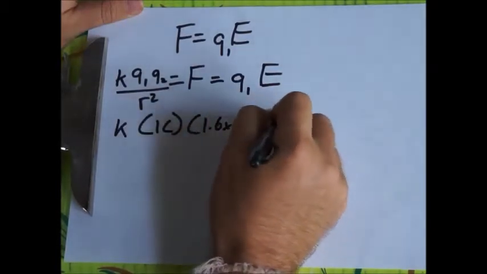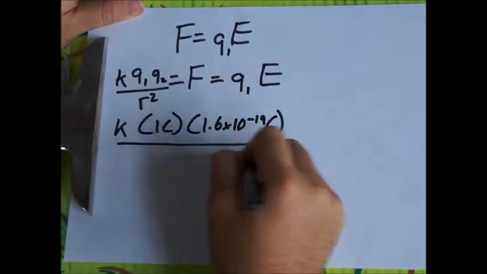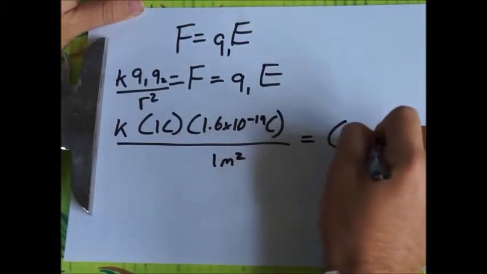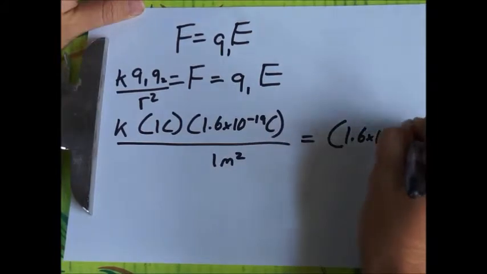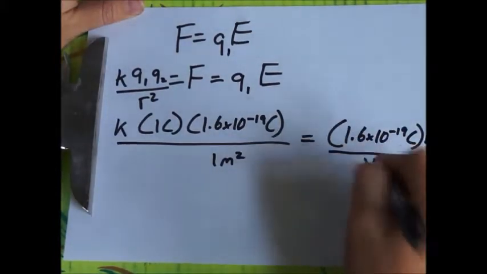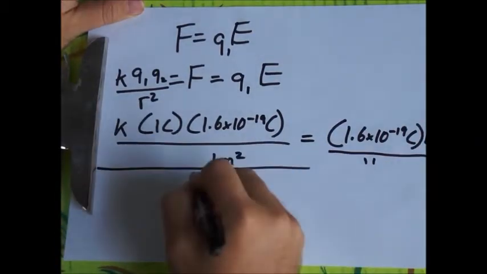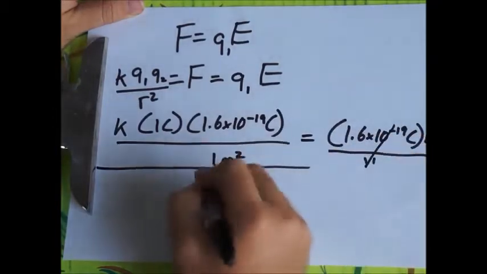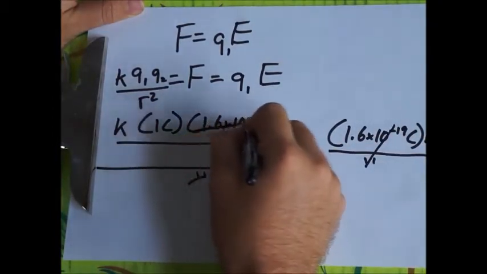We know that that entire function is equal to Q, which we are going to take to be the charge of the test charge, in this case the proton, which is equal to 1.6 times 10 to the negative 19th coulombs, times E, which is going to be our force to charge ratio due to the electrical field produced by the 1 Coulomb point charge.